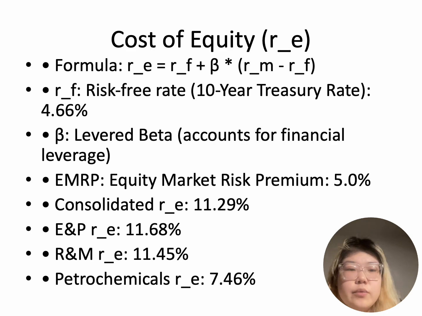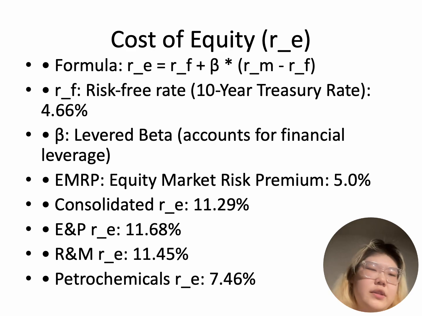So the most complex part of this case is the cost of equity. We use the Capital Asset Pricing Model, which is the CAPM formula, to find RE. For our risk-free rate, we use the 10-year Treasury rate. We have talked about it, and the beta is the leveraged beta, and also the equity market risk premium.